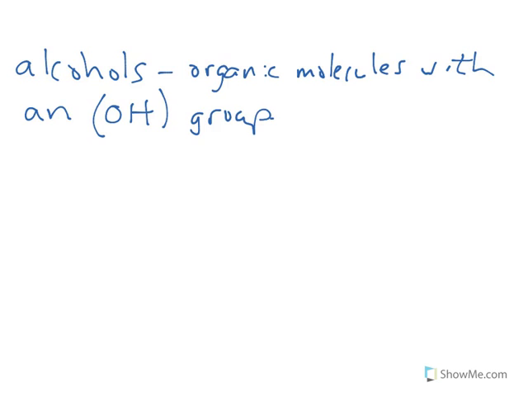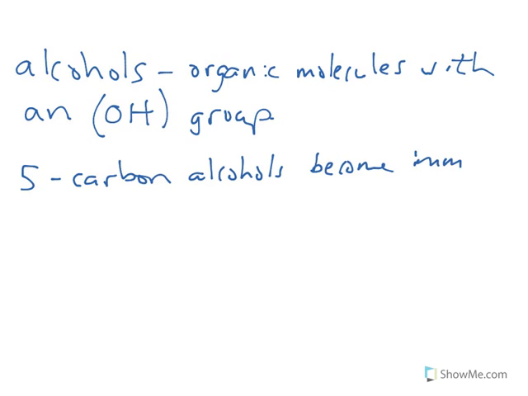So if you're an organic molecule, it means you're carbon containing. All right, this is a very low-key definition. I'm not trying to get into this too deep here, but typically once you start getting over 5 carbon alcohols, they become immiscible with water. All right, so there's a limit to how big your alcohol can get.